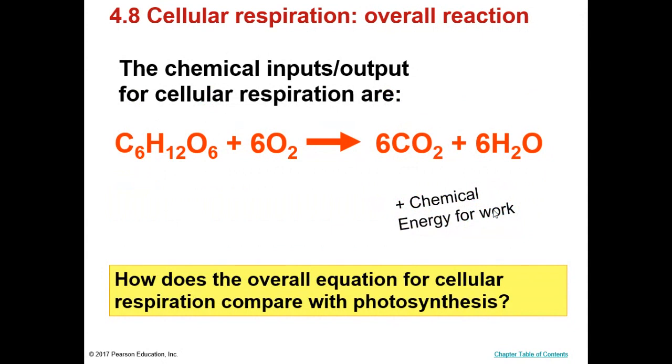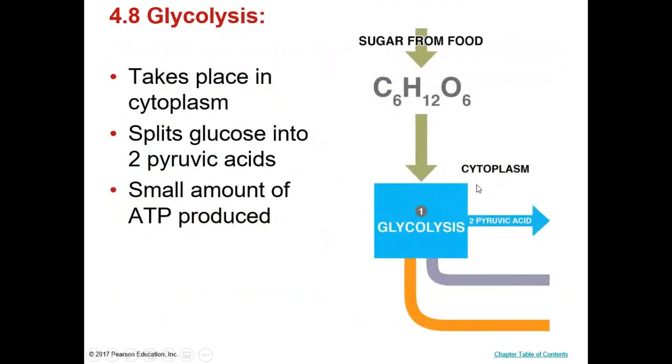I've already gone through the formula here. So glucose from food, oxygen from the environment makes CO2, water, and ATP. Here's glycolysis. As you consume carbohydrates, as you consume food, most of that food is going to be absorbed, obviously, by the small intestine.